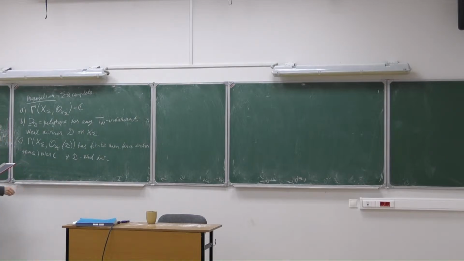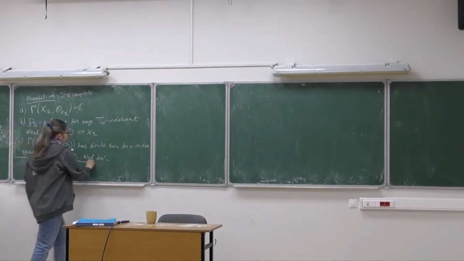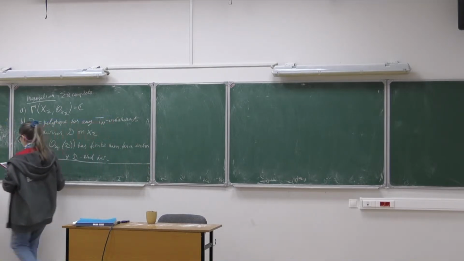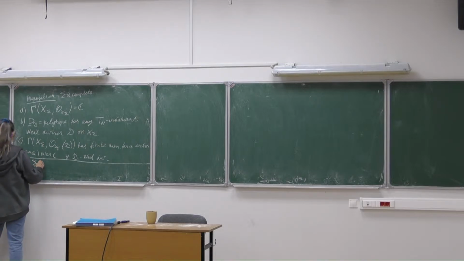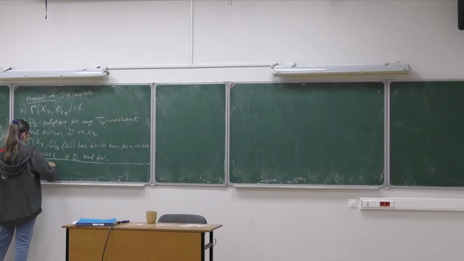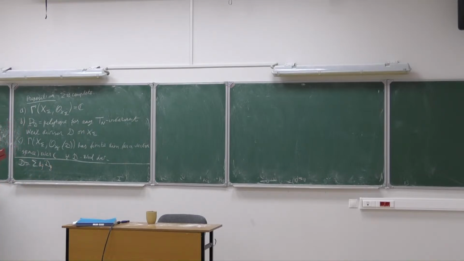What is P_D here? Take D, which is expressed in prime divisors as the sum of a_ρ D_ρ. So a_ρ are integers and D_ρ are our prime divisors, which correspond to the rays of the fan.